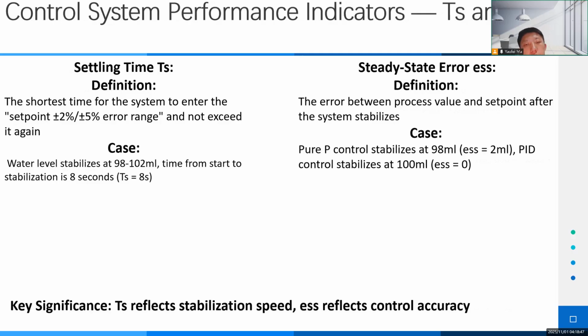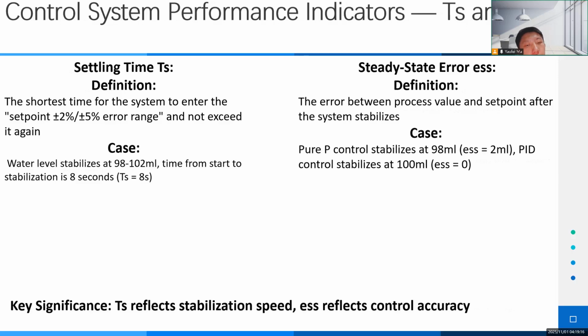Example: the water level stabilizes between 98 and 102 and stays there. If it takes 8 seconds to get there from the start, TS is 8 seconds. TS shows how fast the system becomes stable.